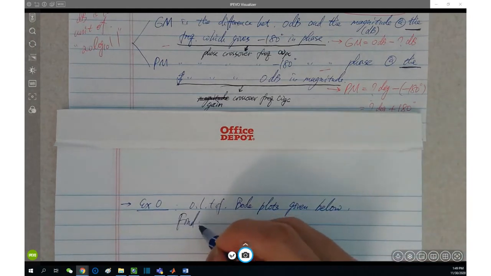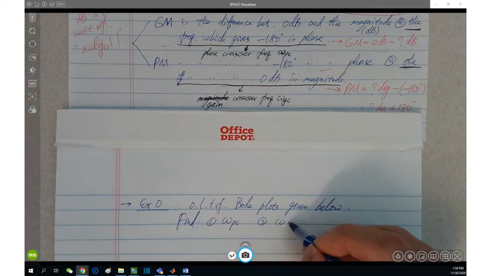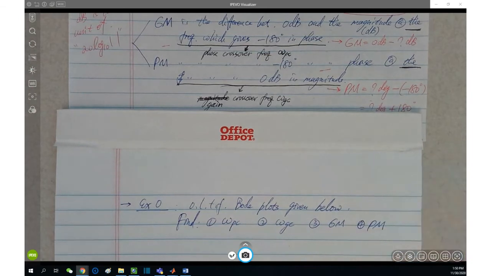Let's find omega PC, omega GC, GM, and the PM. 4 things.